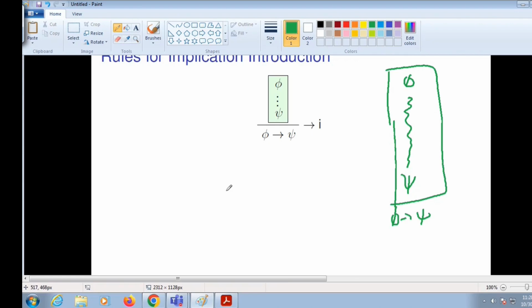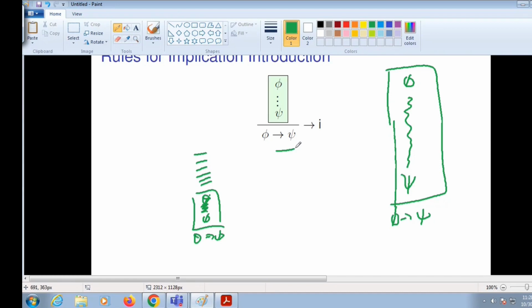Once again, let's assume that some information is available to you, and inside the box you assume something, and by doing some steps you come up with something. So you can say that theta implies phi.